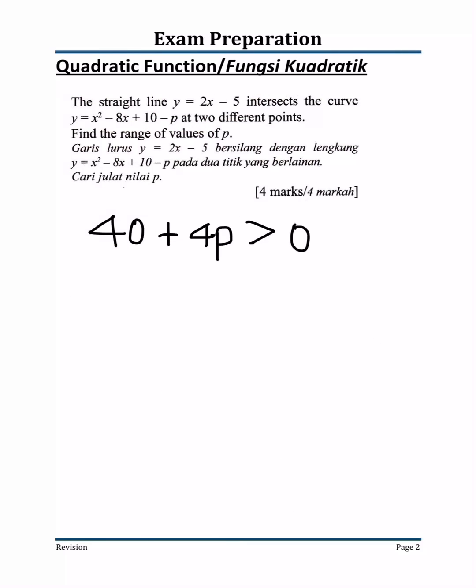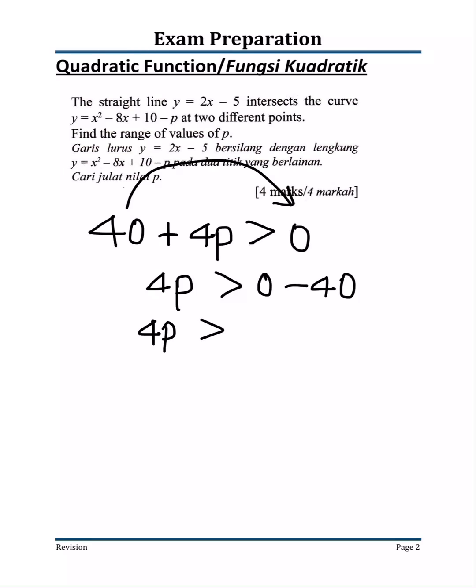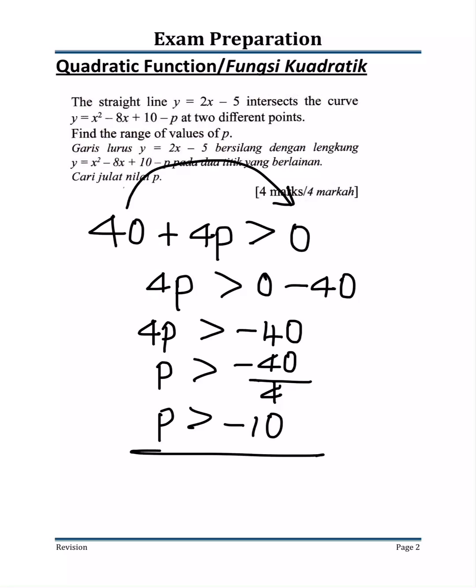So once you dah dapat ini, now the proses penyelesaian inequalities, ketaksamaan linear, pindah 40 ke sebelah kanan, you get minus 40. So 4p lebih besar dari negatif 40. So p would be lebih besar dari negatif 40 per 4, which will give us more than negative 10. Jalan kerja untuk soalan ini.